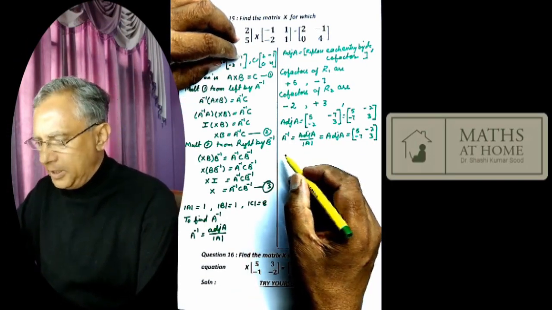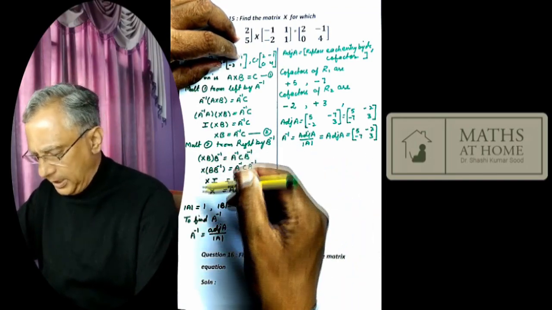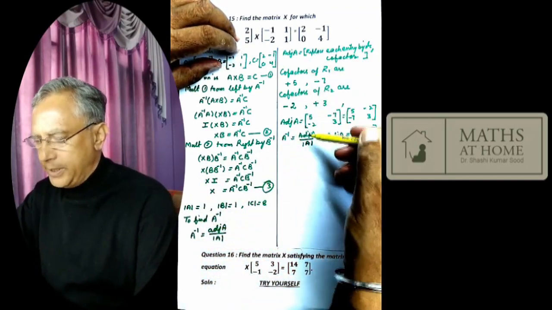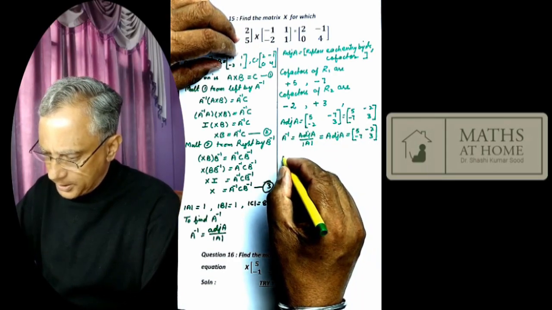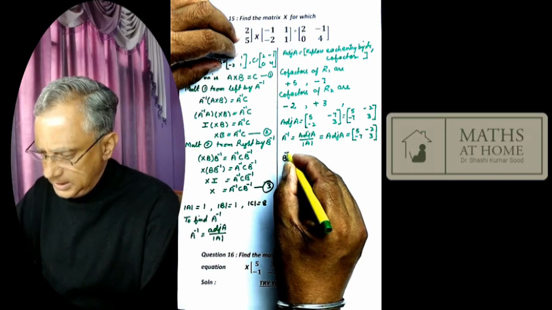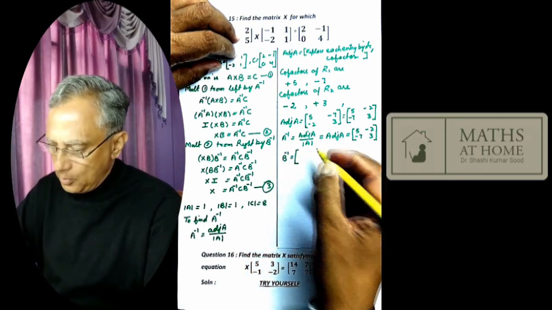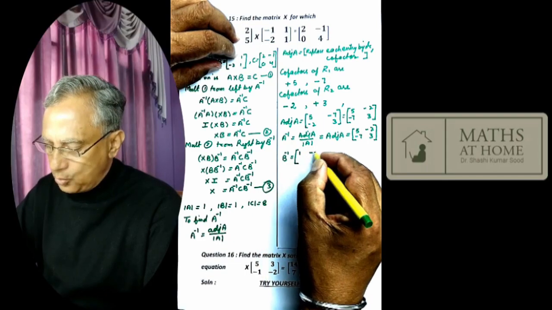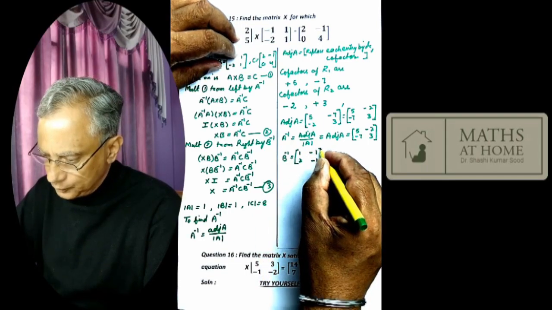And similarly you can find B inverse by doing the same steps as we did for A inverse. I am directly writing B inverse. B inverse is equal to 1 minus 1 2 minus 1.